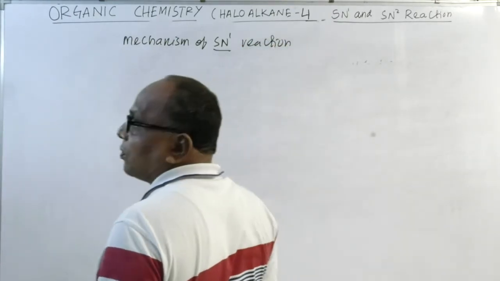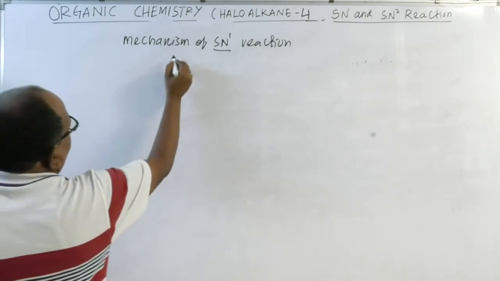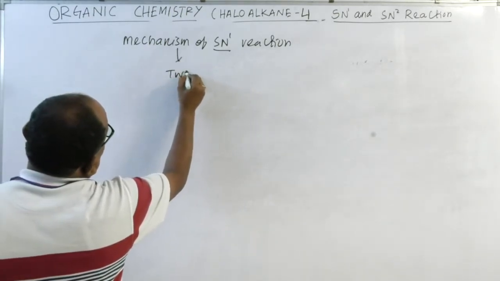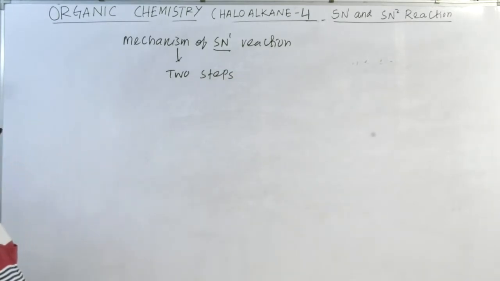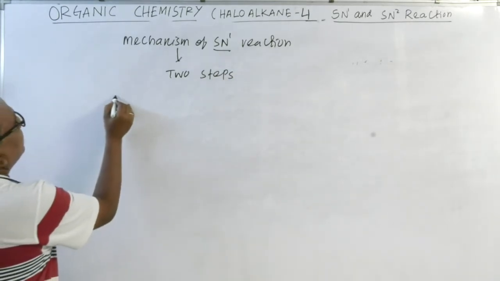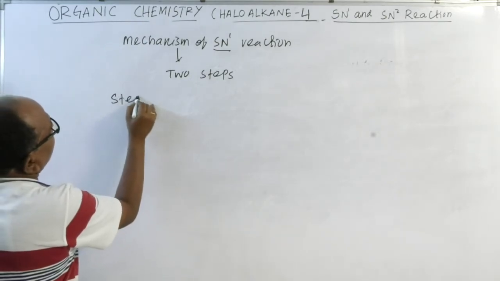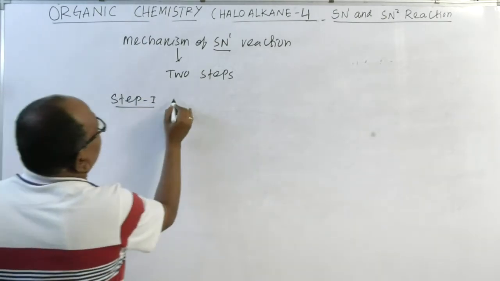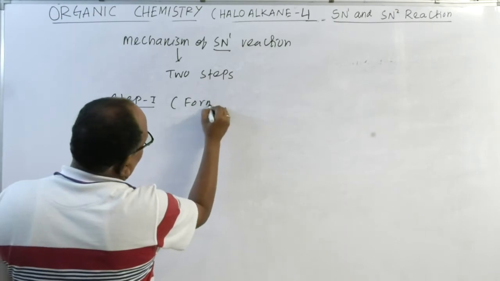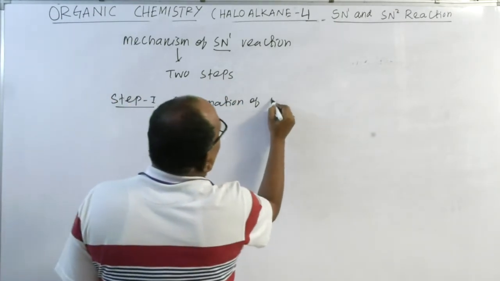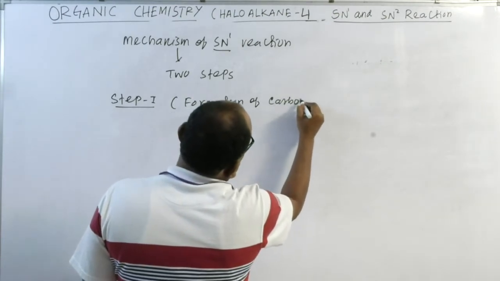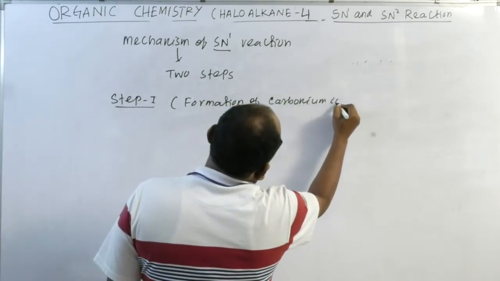The mechanism of the SN1 reaction consists of two steps. Step 1 is the formation of carbonium ion.